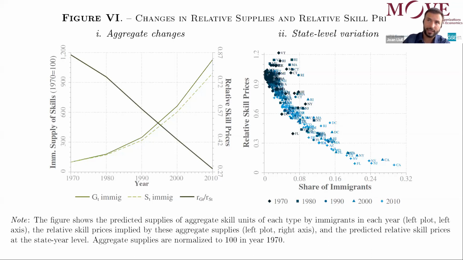As you can see, most of the states are at relative prices close to 1 in 1970, and then this variation starts to occur in the years after. You can see, for example, California, New York, Florida. All those states experience a huge change in the relative prices, whereas other states, like those here, which I can't see what states they are, didn't change that much. And this variation helps us in identifying the elasticity of substitution.